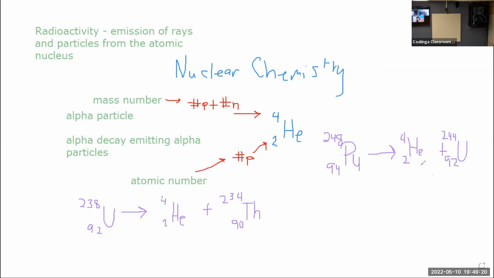And then it's going to be 92, 2 less than the atomic number. You see it? So these 2 add up to this, and these 2 add up to this.